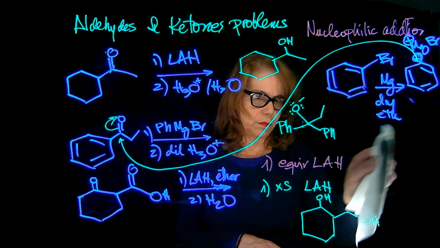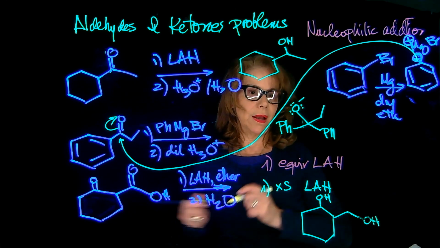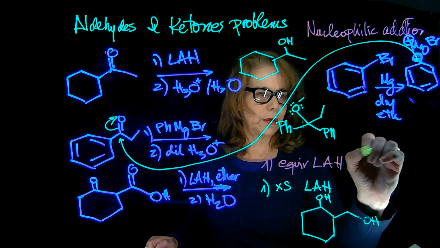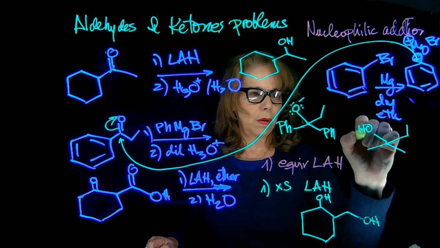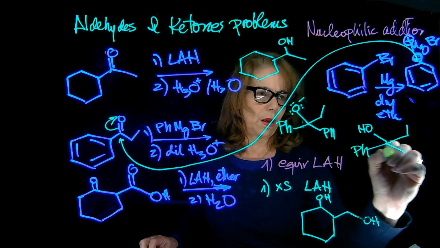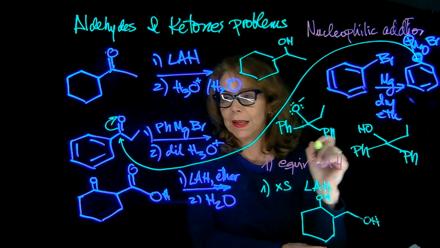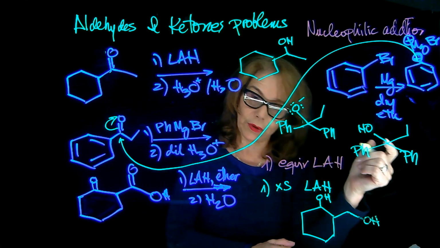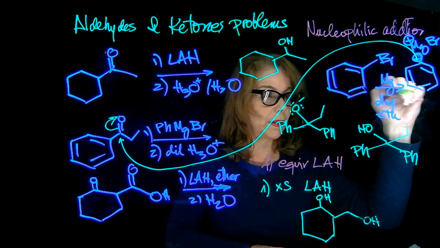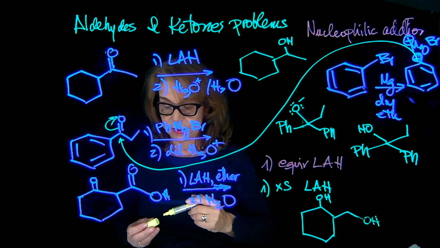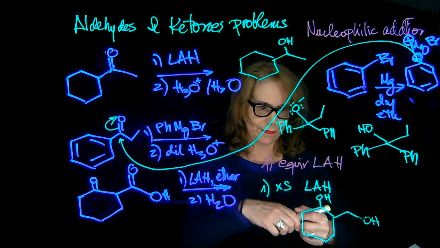So the first step is nucleophilic attack, the second step, proton transfer, and the final product is a tertiary alcohol. From ketones, Grignard gives you a tertiary alcohol. If it is an aldehyde, you will have a secondary alcohol. Here you're adding R groups, whatever the R might be. And when you do the hydride, your nucleophile is a hydride, so you're adding H's.